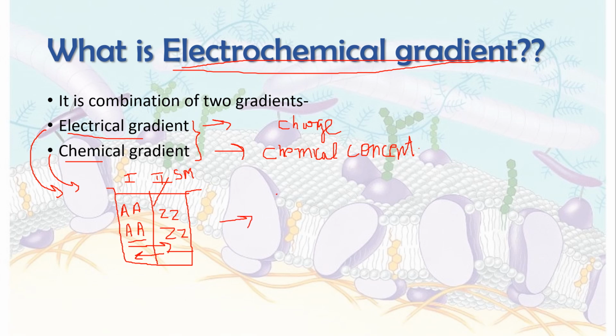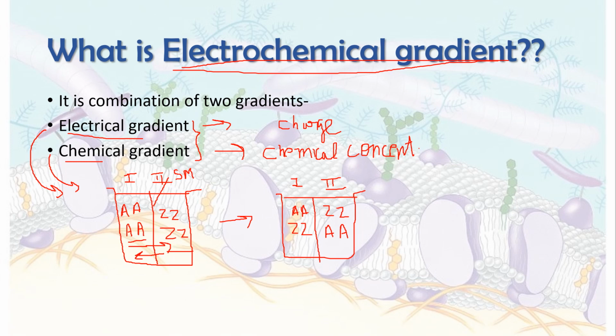After some time you will see in the jar there are columns representing an equal amount of molecules, A and Z in column 1 and A and Z in column 2. Why does this happen?